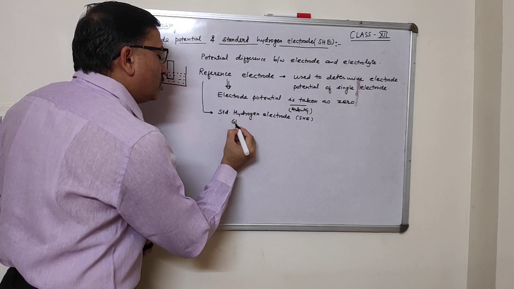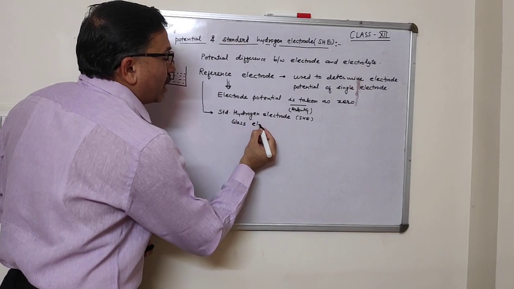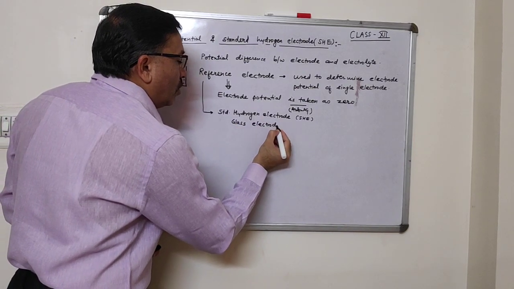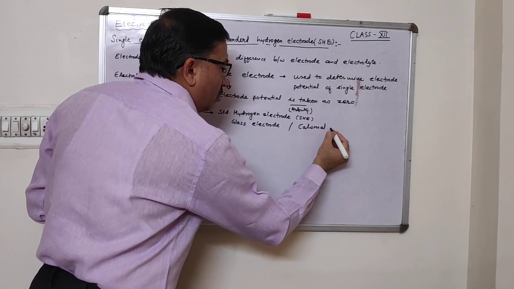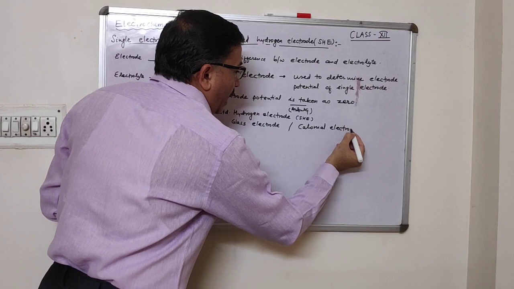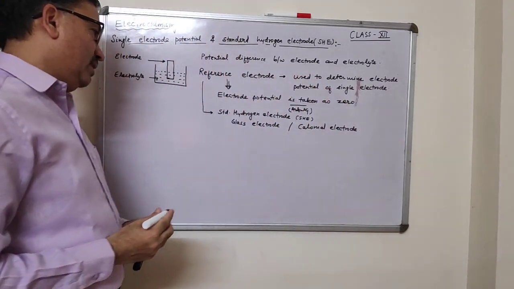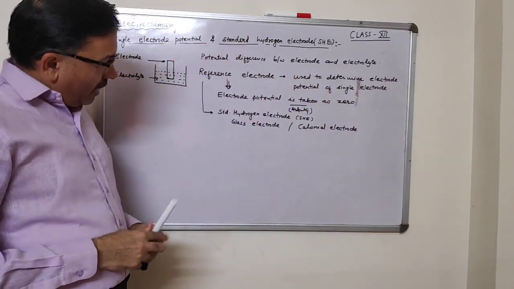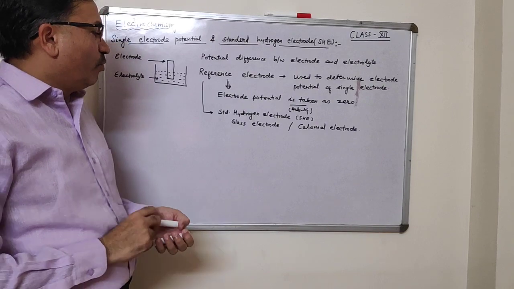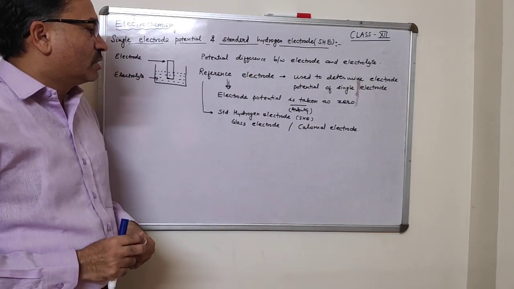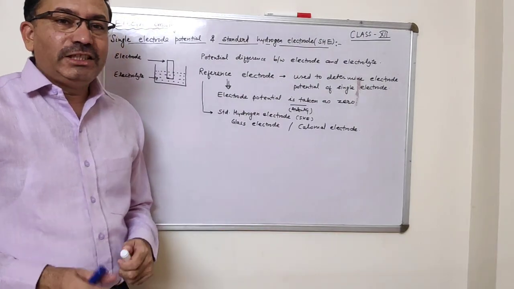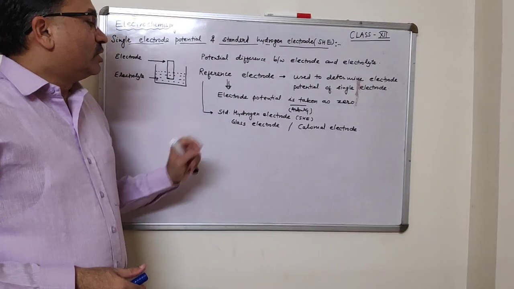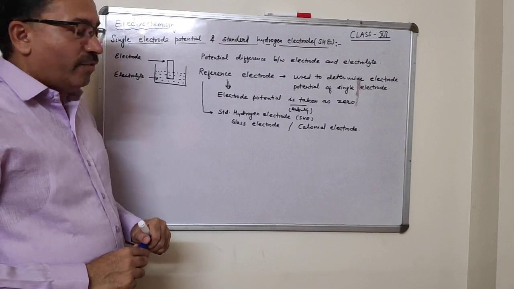We can also use a glass electrode or a calomel electrode as a reference electrode. But in the IUPAC convention, we use the standard hydrogen electrode as the reference electrode.